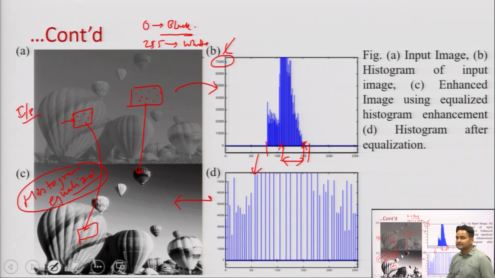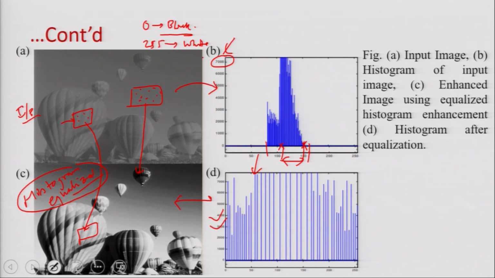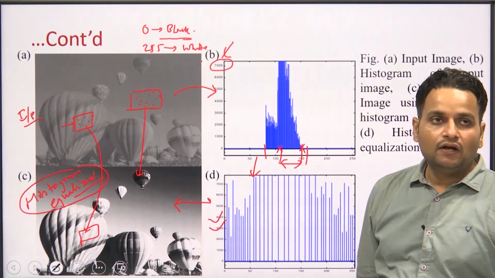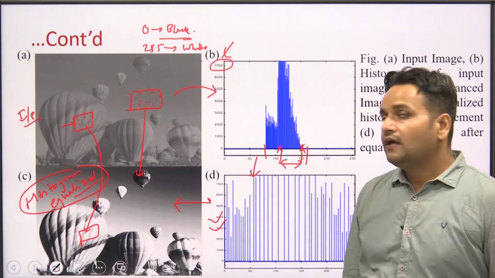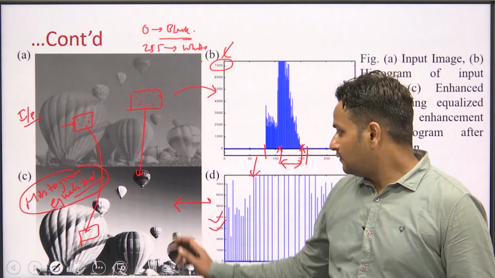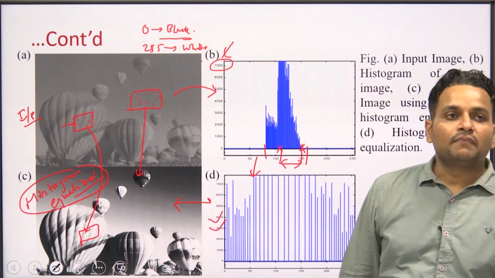So, your images get enhanced by using this particular process, which is called histogram equalization. Each and every picture is justifying this. So, how we do the histogram equalization, you may observe in this particular method.